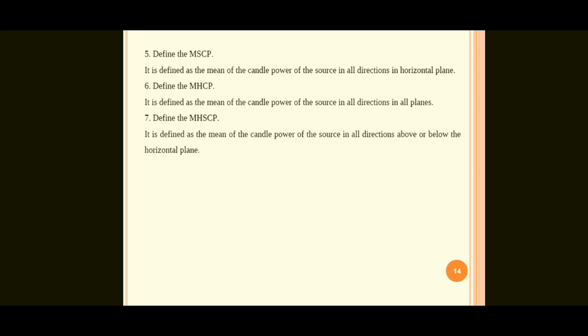So this part 19 concluded the laws of illumination and one simple problem on illumination, and also covered the short questions and answers, 1 mark questions.